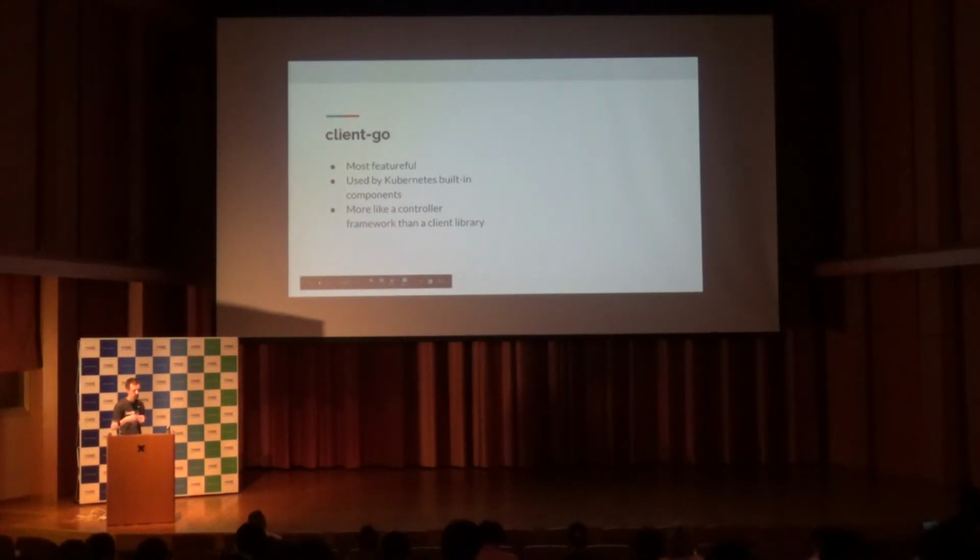However, the client Go library only goes so far. It doesn't provide you good ways of getting rid of all of the tedium that comes along with creating controllers. One of the things you have to do when you create a controller is create the definitions for the objects.